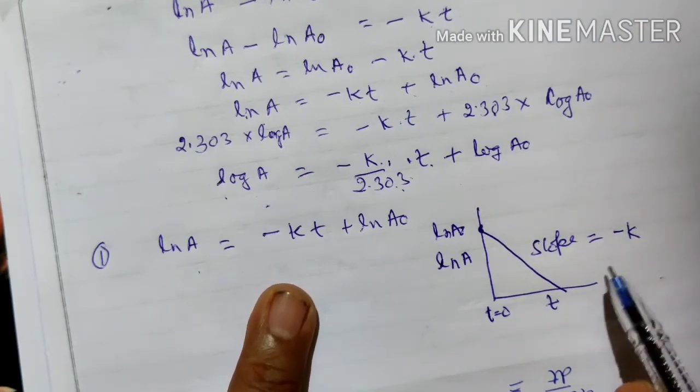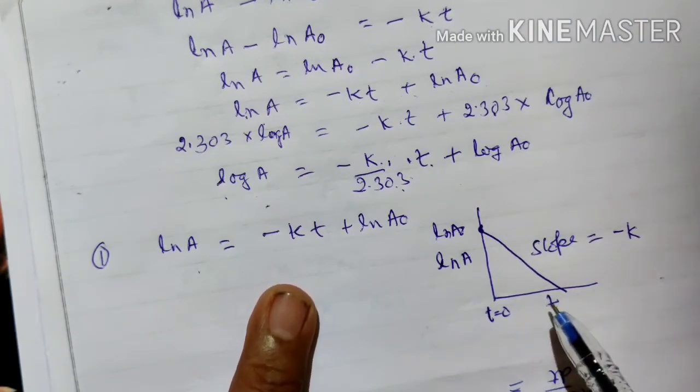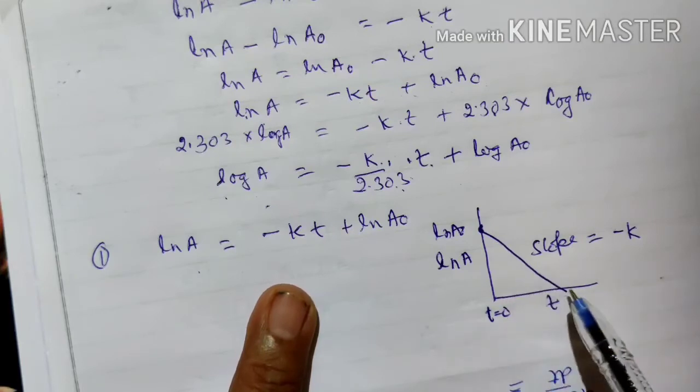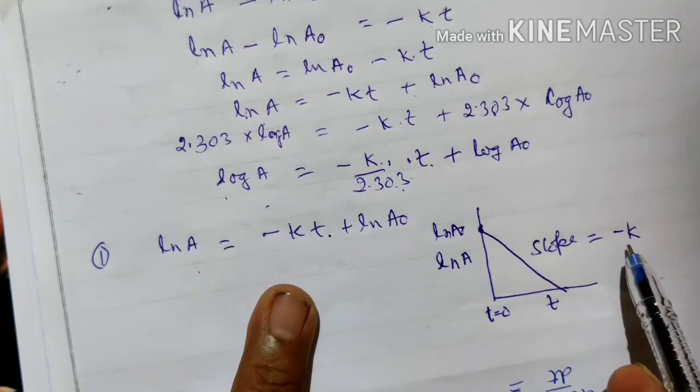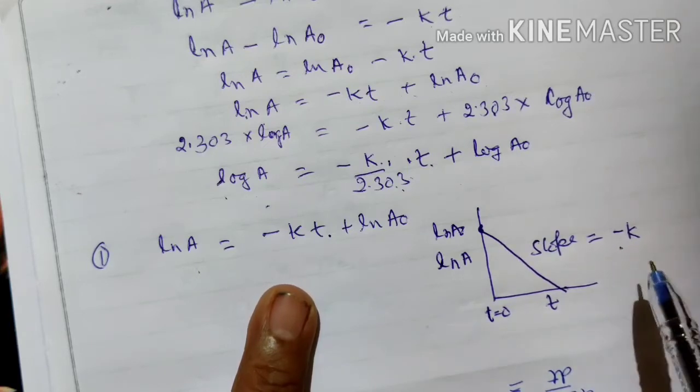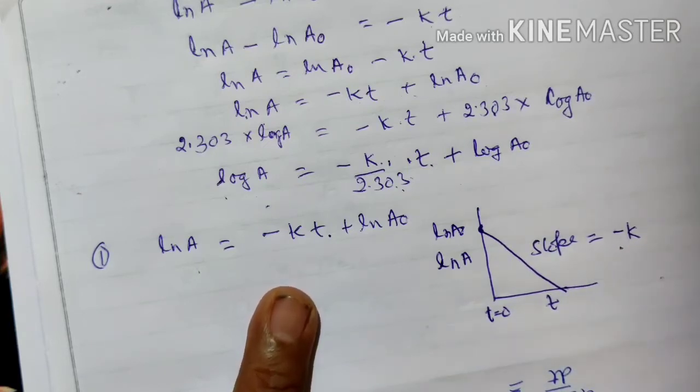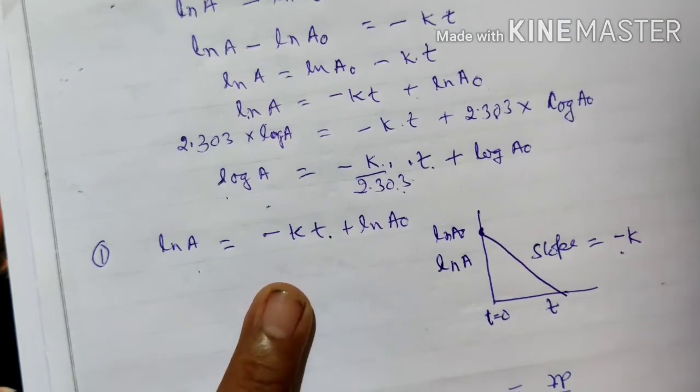So you will get one straight line, and it will come downward because the slope of the line is minus k.